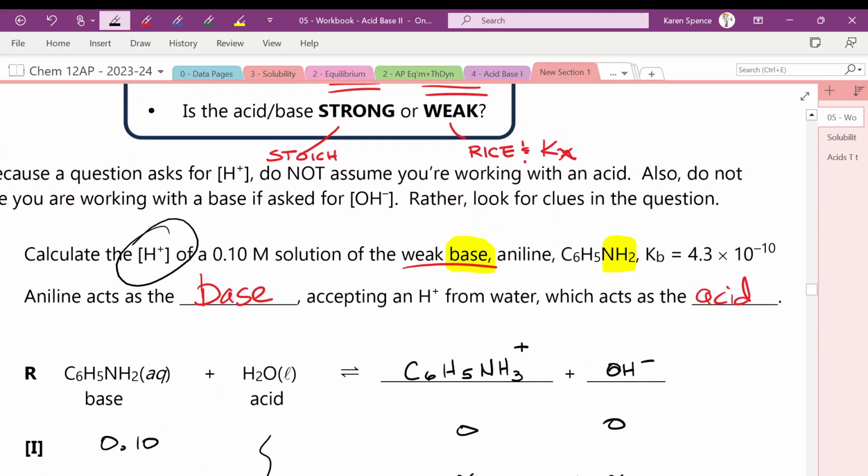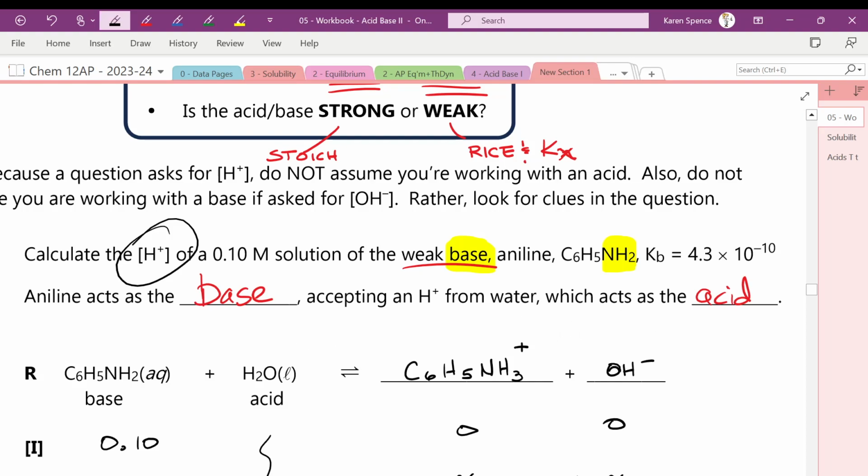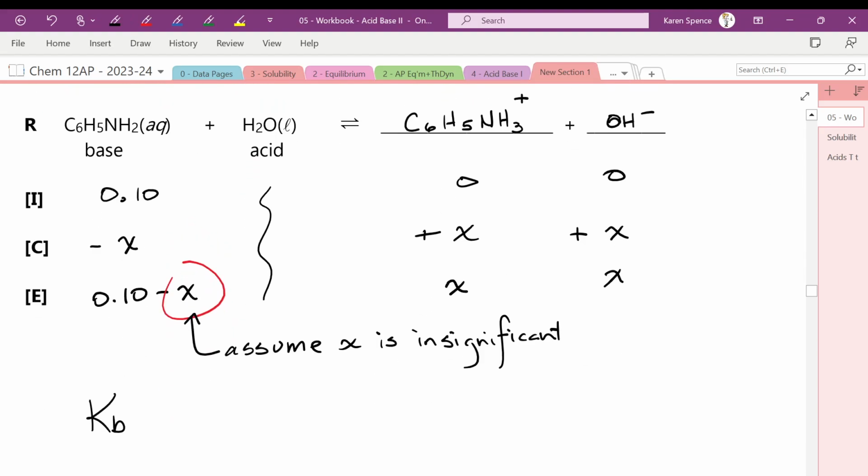Often because they're asked for H plus concentration, and so they'll desperately try to make this equation give H plus somehow. And it doesn't because it is a base. Is it okay if we have something that gives us hydroxide? Can we find hydrogen later? Yes. So don't worry about what the question asks you for. Just worry about what the equation actually gives you.